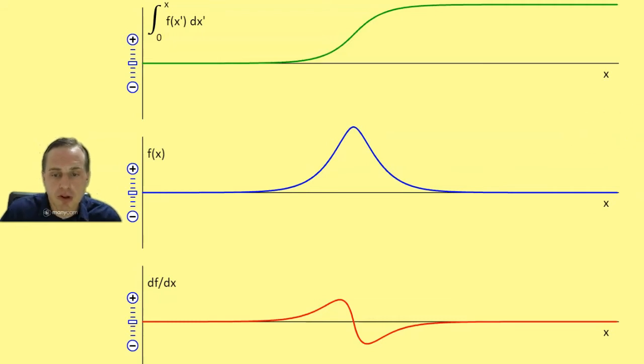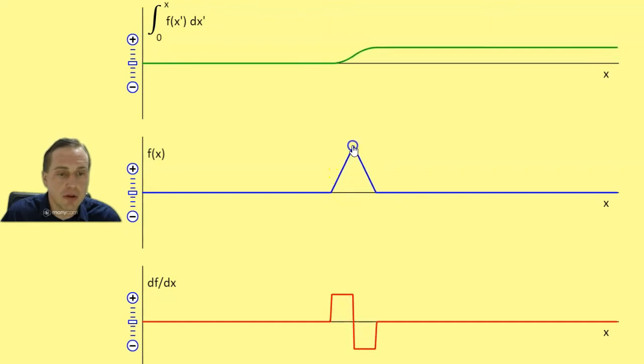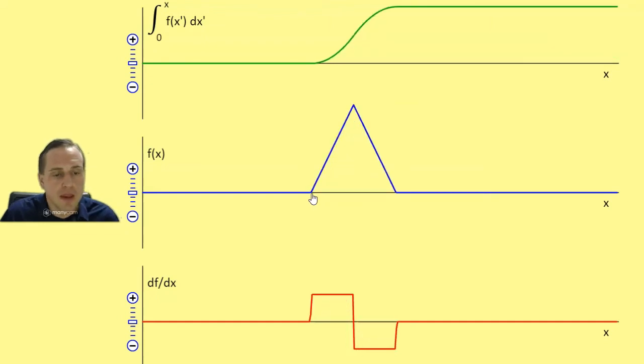Let's try another example. Now let me try a line, a sort of triangular shape. We go from zero slope to some slope, and there's a huge spike in the derivative. But then it's constant, because the slope here is constant. And then all of a sudden we have another spike, which is a change from a positive derivative to a negative derivative.